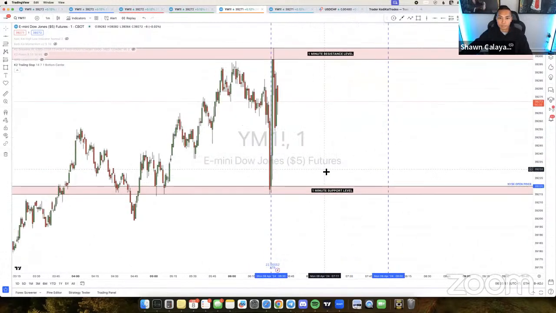All right, so you guys can see where the range is at. Price is pretty much just ranging back and forth between this full area right here.